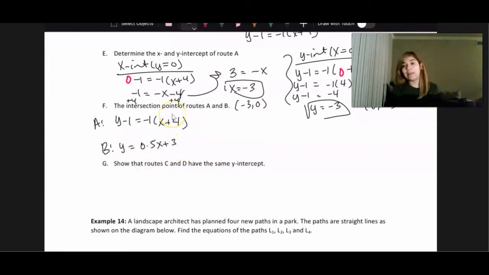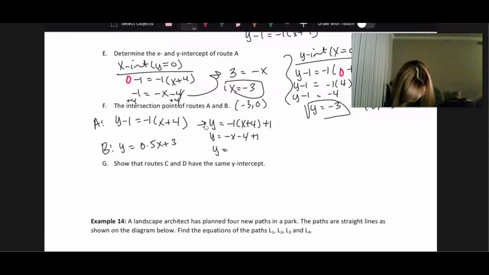I'm going to change part A. Part B is fine. It's already in gradient-intercept form. But part A isn't. So let's see. y equals negative 1 times x plus 4, plus 1. I just added the 1 from here to this side, which is negative x times 4 plus 1.